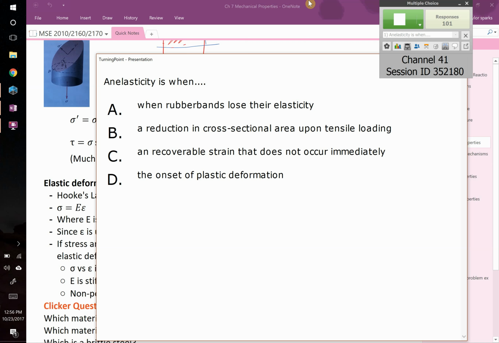Okay, if you're just coming in, hurry and get an answer in. A, B, C, or D, you got 25% chance. We're going to wrap it up though. Okay, I'm going to end this one.